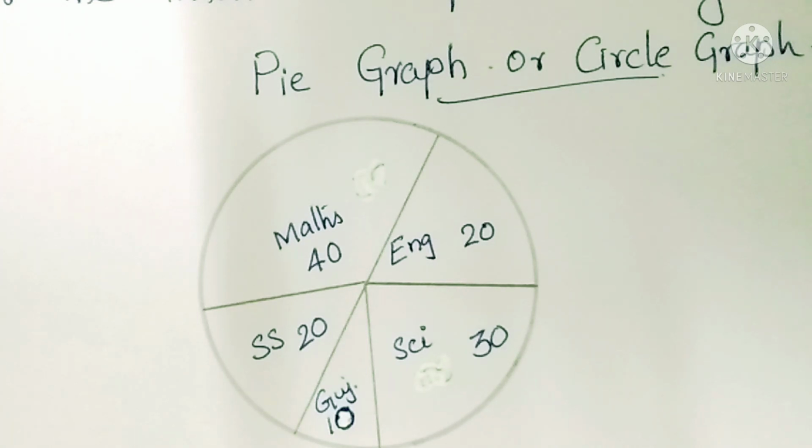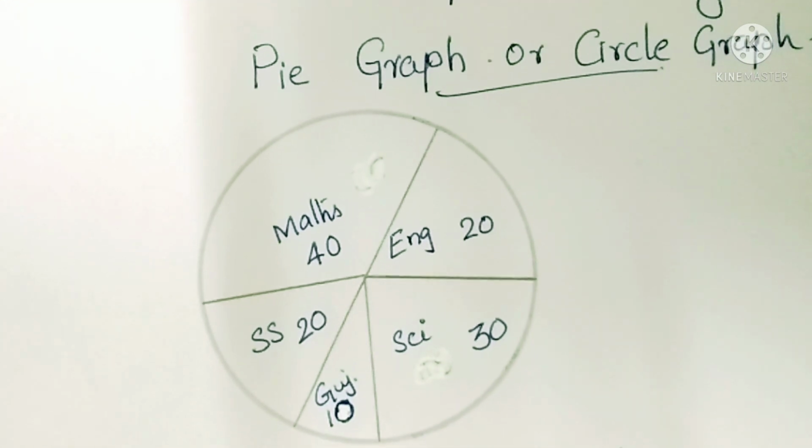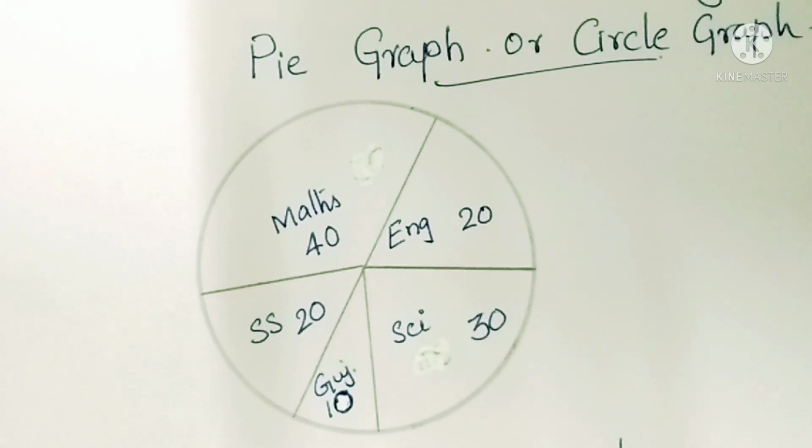graph. As the name suggests, in a pie graph or a pie chart, the information or the data is represented using a circle. So, that is why it is called a circle chart, circle graph.